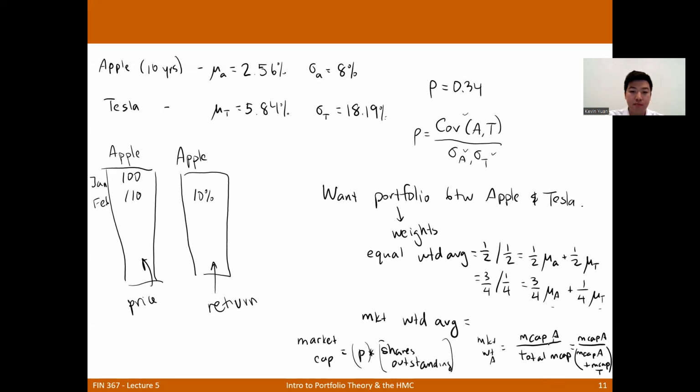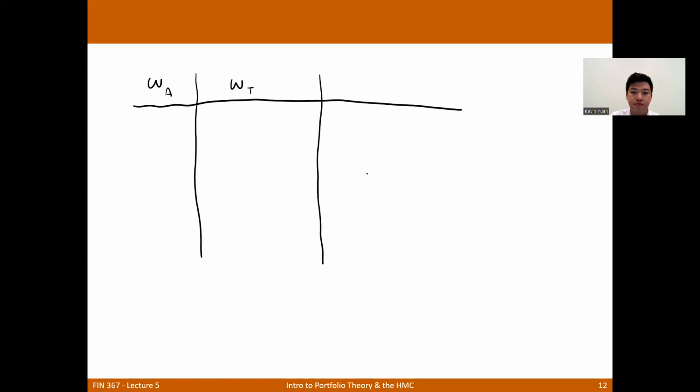Okay, so let's say I wanted to construct a portfolio now, right? And what I'm going to decide is some sort of arbitrary weights, right? So this is kind of also what you did in the case study, where I'm going to just decide some arbitrary weights and look at their expected return. Okay, so let's say, all right, here's the expected return of the portfolio, and here's the standard deviation of the portfolio.